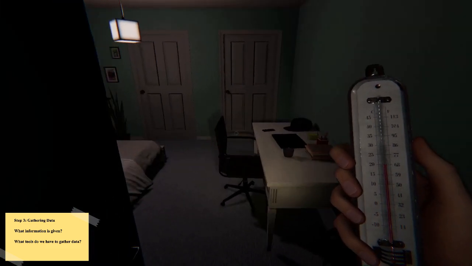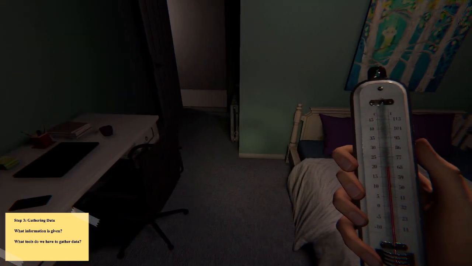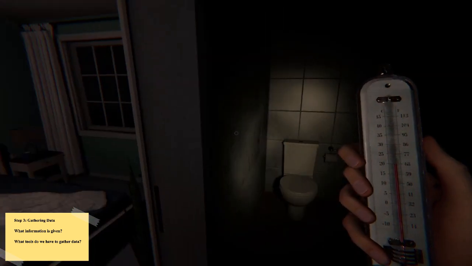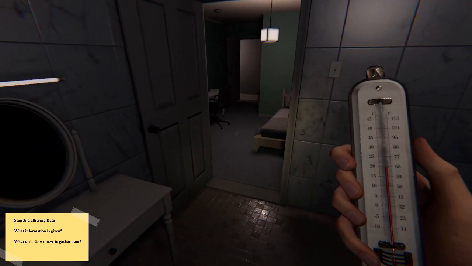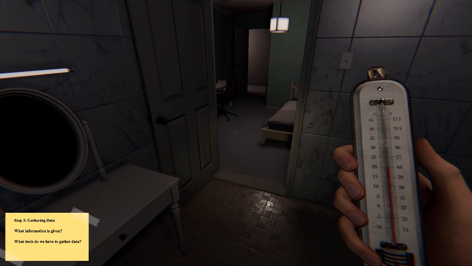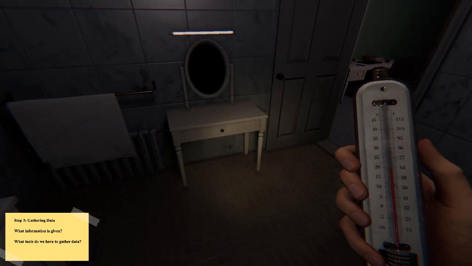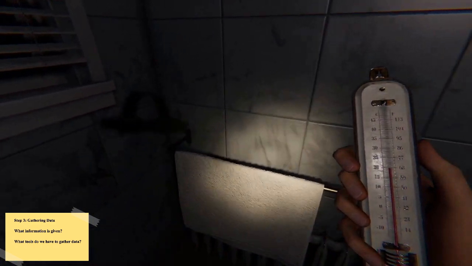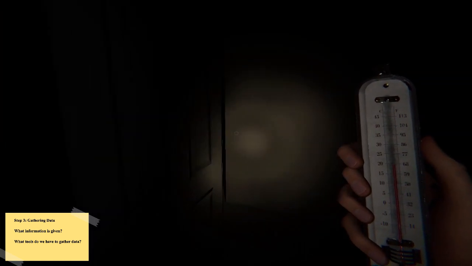So let's go to the main bedroom, or the parents' bedroom. See if there's a difference here. Nope. Let's try the bathroom. Oh, a little bit of a drop. Oh, goodness.